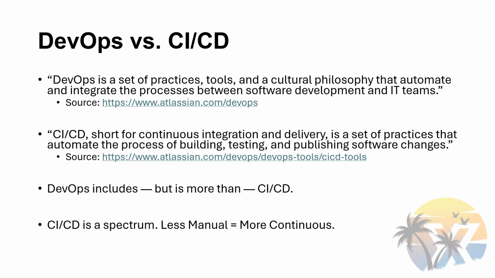CI/CD is a much more specific concept. CI/CD, short for continuous integration and delivery, or deployment, we'll get to that, is a set of practices that automate the process of building, testing, and publishing software changes. So DevOps includes CI/CD, but DevOps is more than CI/CD.